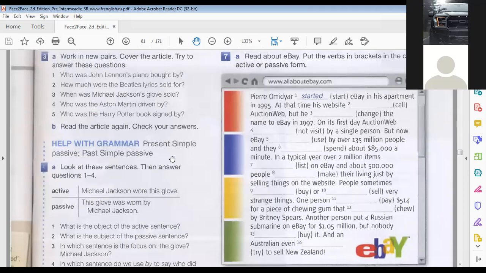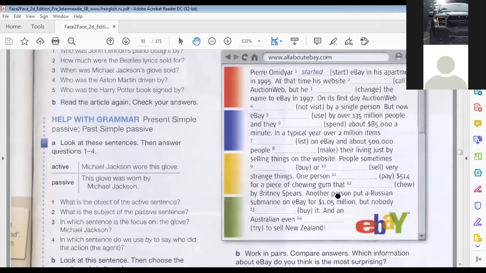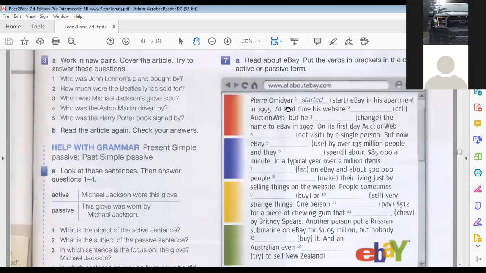Okay, now this question is nice. I like this question. In this question, what we want to do is choose passive or active. So you have to decide whether you will use passive or active, and of course this relates to the meaning you are trying to express.